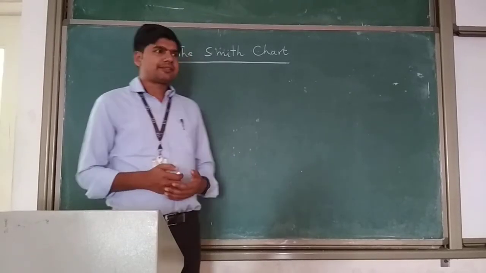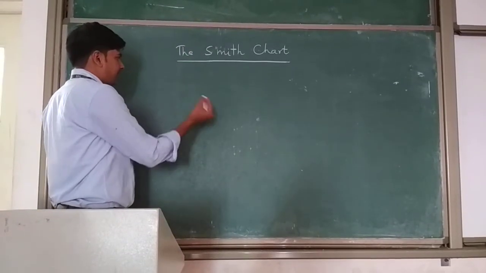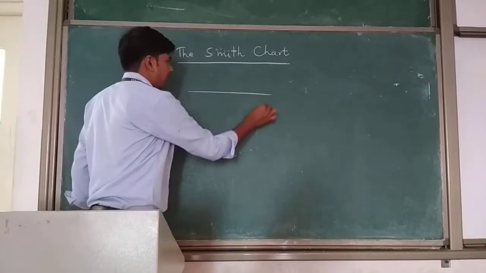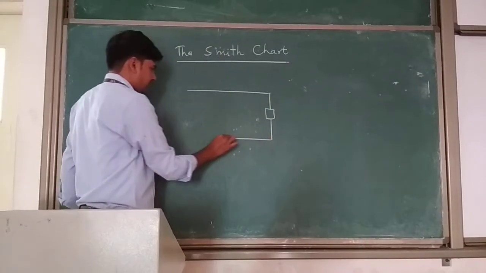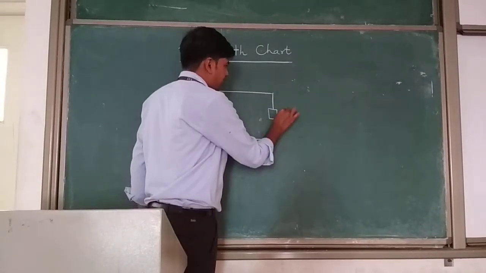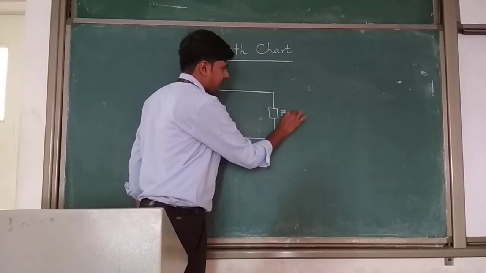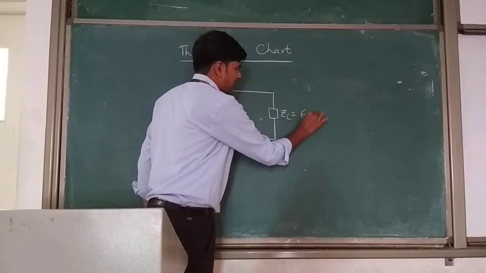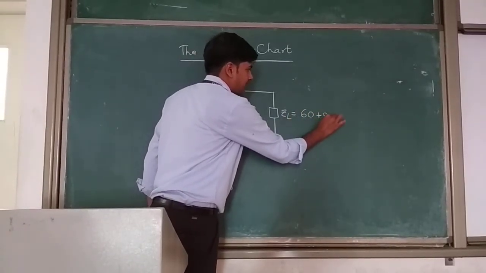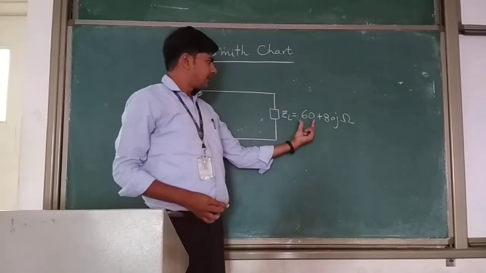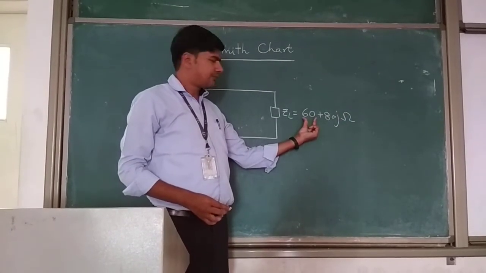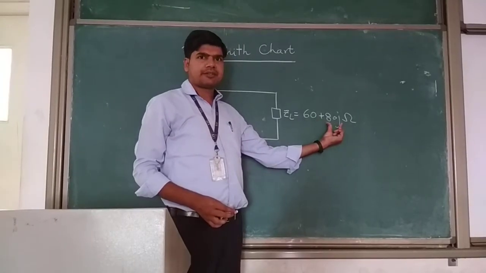Those analytical methods are, if I say there is a load which is given by 60 plus j80 ohm, it means that the load has a resistive part and a reactive part.